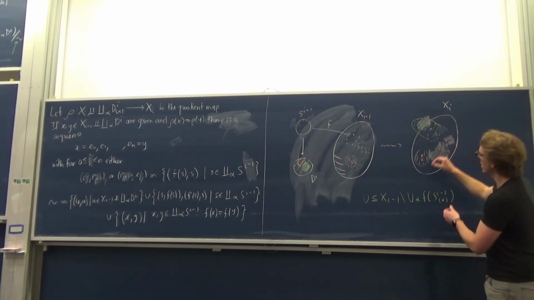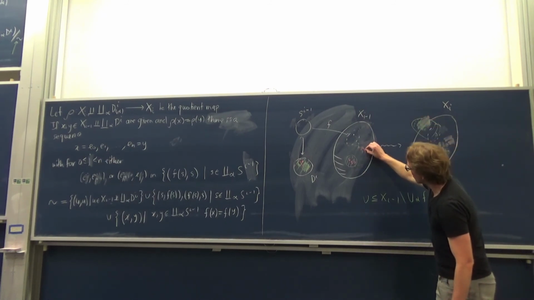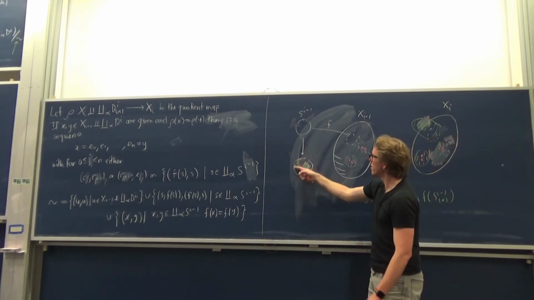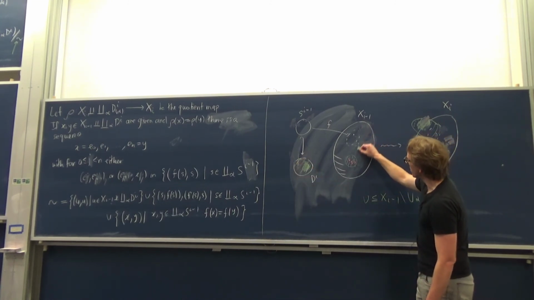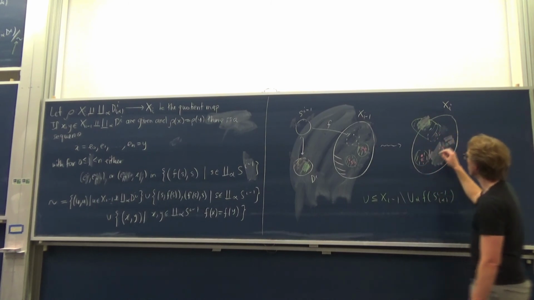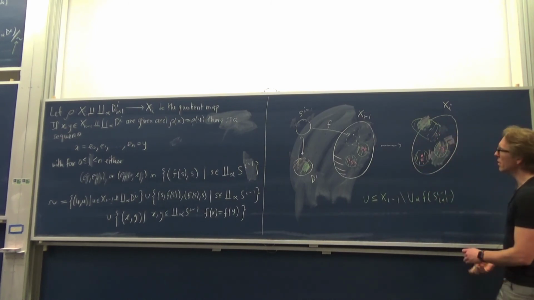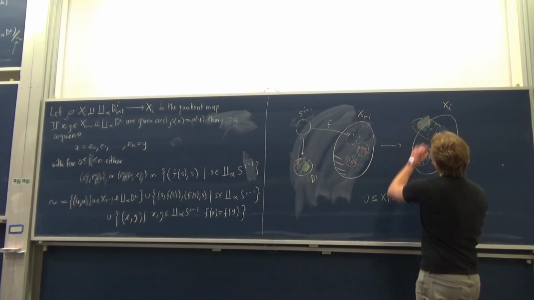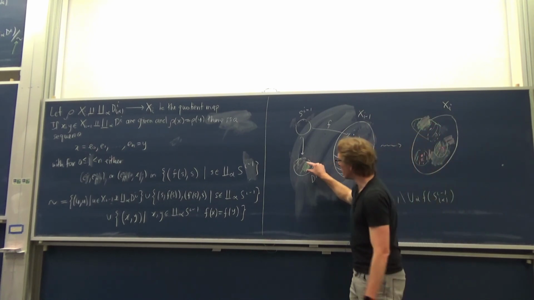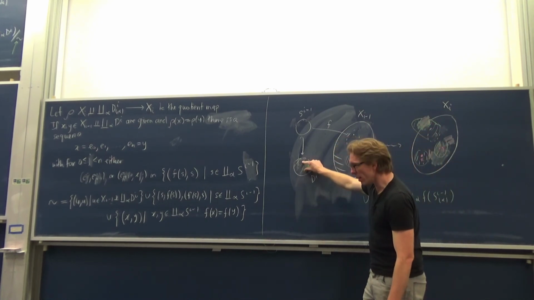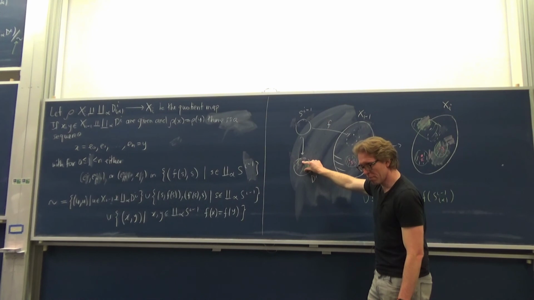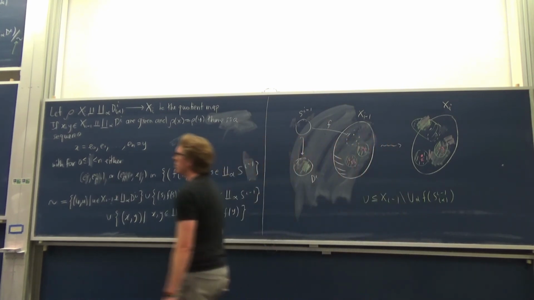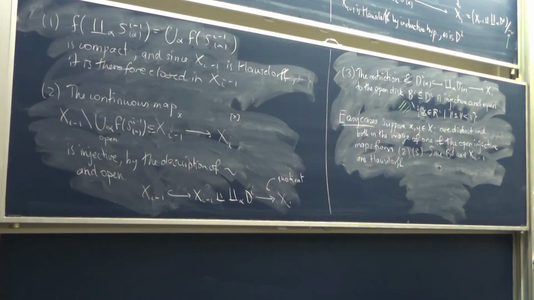Now, the only tricky case where we'd actually have to use Hausdorffness would be if Y was here, say, and there, then Y0 would be there. But then Xi minus 1 is Hausdorff, so I can choose those that don't meet, and then they won't meet in the quotient either. And if they both lay in the image of a single open disk, then I would use that BI is Hausdorff to do the same. Okay, so I hope you're convinced.